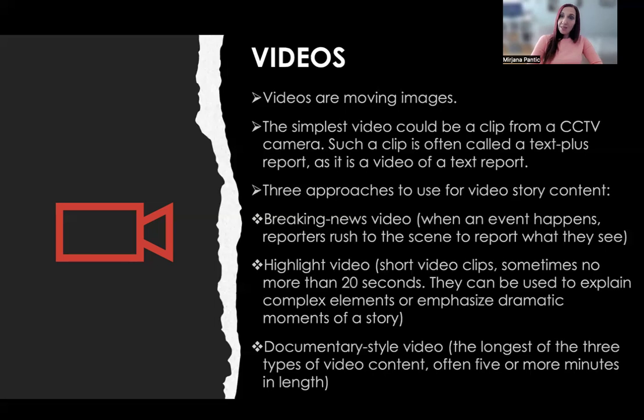So when I mentioned that example of a truck going through the crowds in New Orleans for New Year's, and people running away trying to find shelter, you can use highlight videos in your story to emphasize that specific moment that shows how fast the car was going.